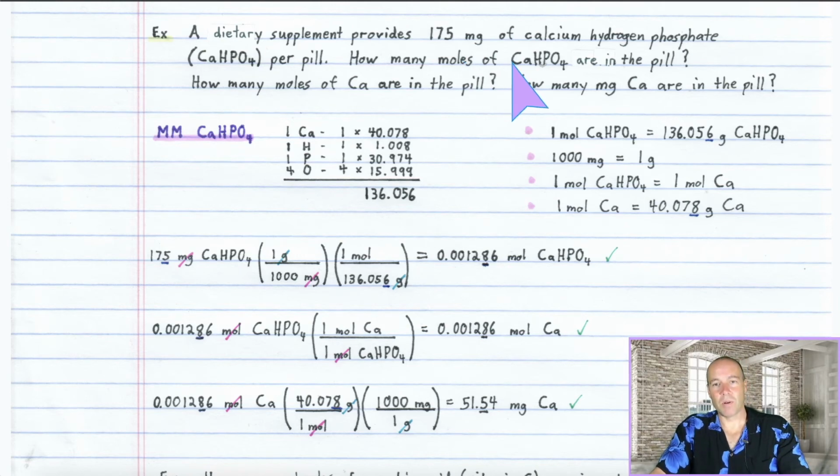To calculate the molar mass of CaHPO4, we look up these 4 elements on the periodic table and multiply their respective atomic masses by how many atoms are in the formula, and then add them all up, and we should have the molar mass. So let's just verify that these are the correct numbers, looking up calcium.